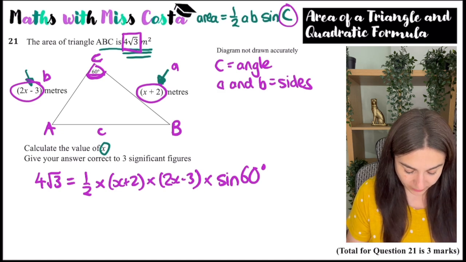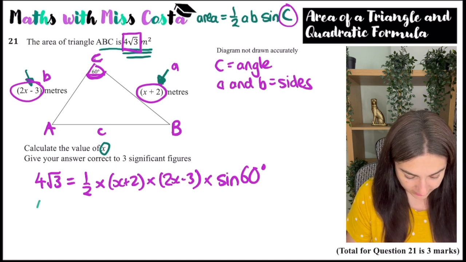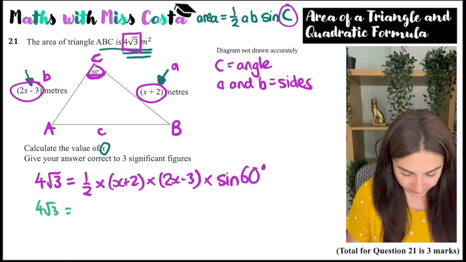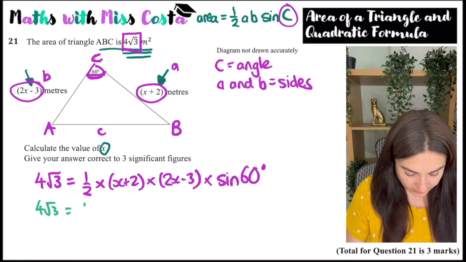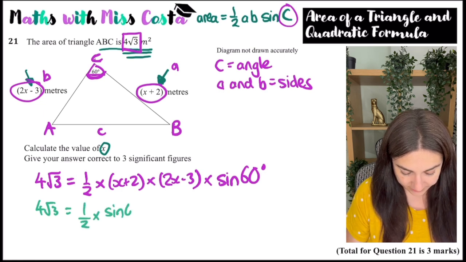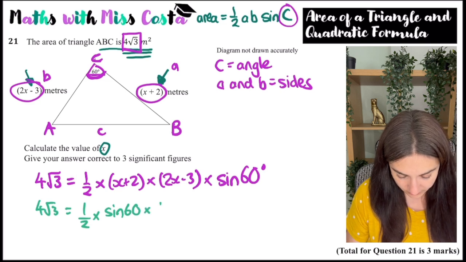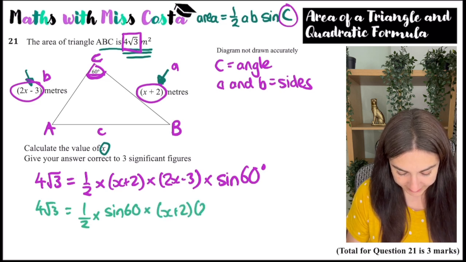So what can I do? Well, I can simplify first. Let's rearrange it so it's all of the things that I can divide by: x plus 2 brackets 2x minus 3.